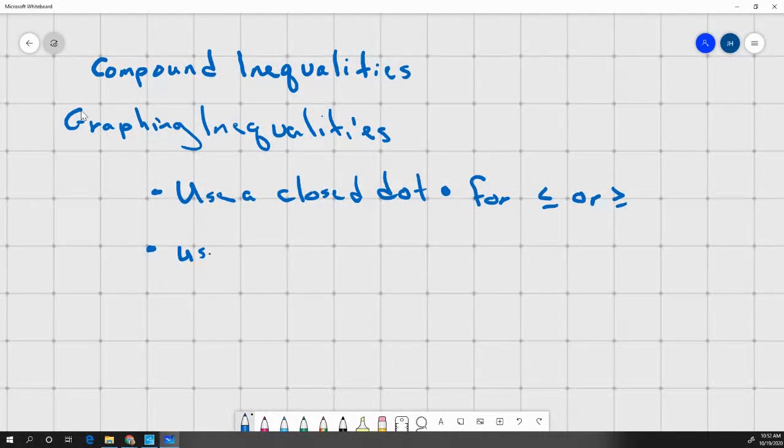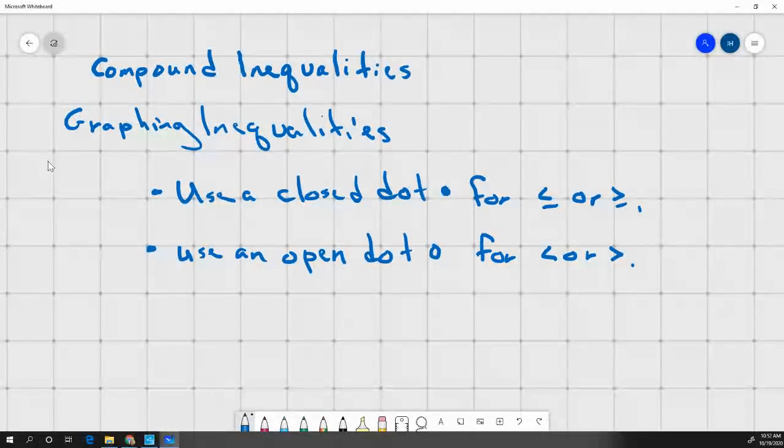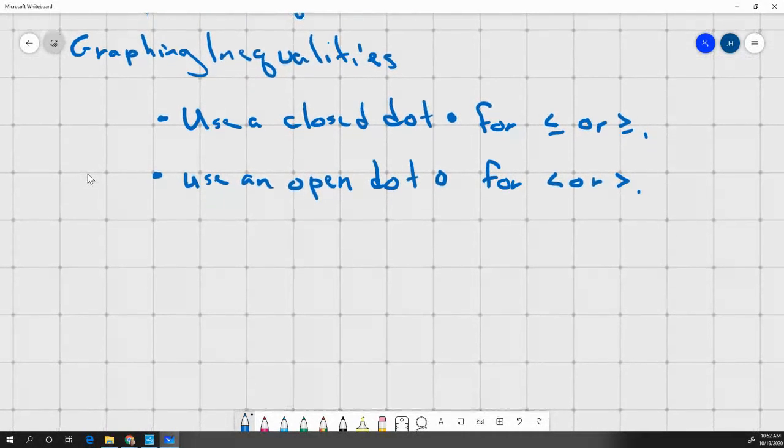Otherwise, you're going to use an open dot, which is just like a circle, for either less than or greater than. Those are our two big things when it comes to graphing inequalities.